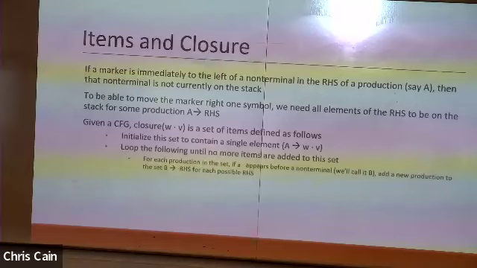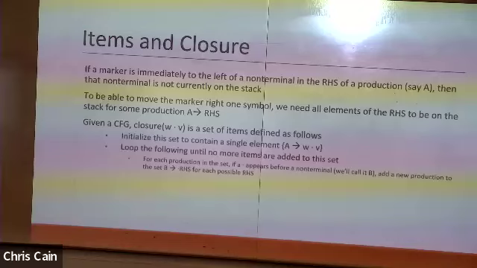We're going to go through every production in the set. So it starts out with a single element in it. We're going to look at this production A arrow W dot V, where the A is the left-hand side of the current production as defined up in the second point. And W dot V is just W, which is everything to the left of the current marker in the right-hand side, and V is everything to the right of the marker.